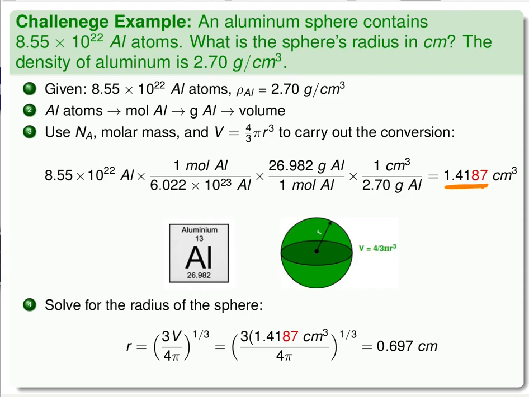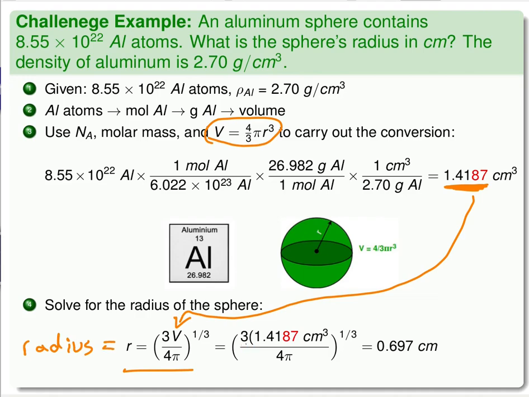Okay? But for right now, what we're going to do is take this volume and use our equation for the volume, solve for R, and then plug this volume into our equation for the volume of a sphere, where we've rearranged it and solved for that radius.